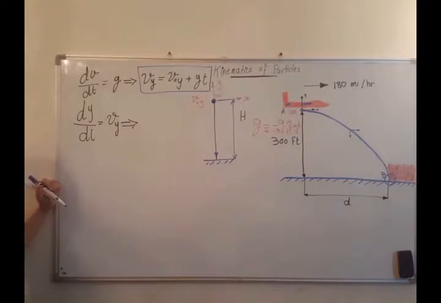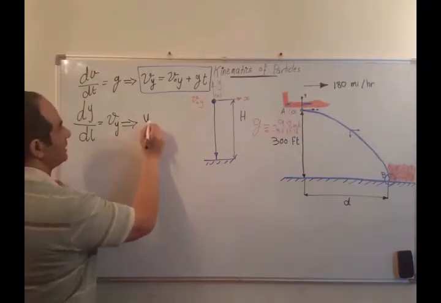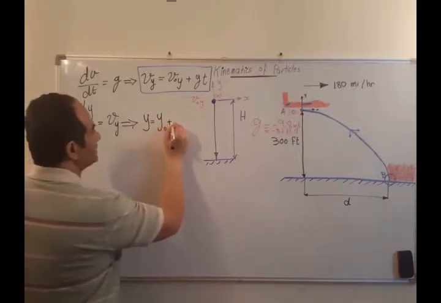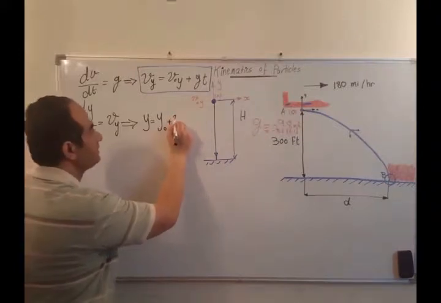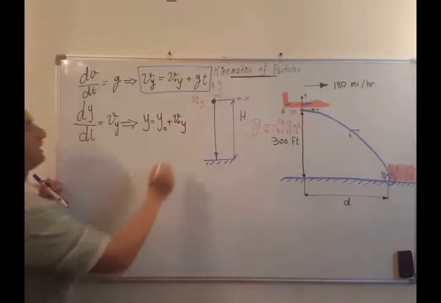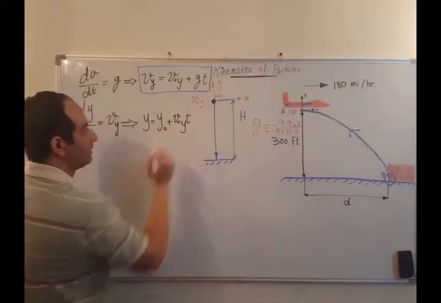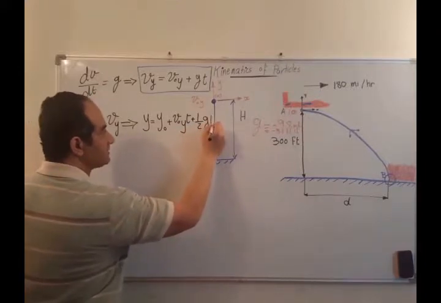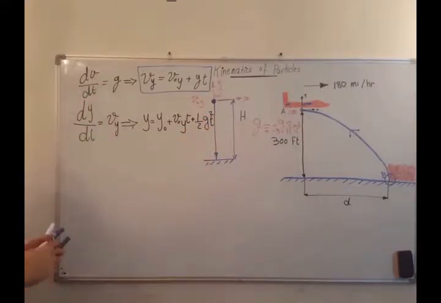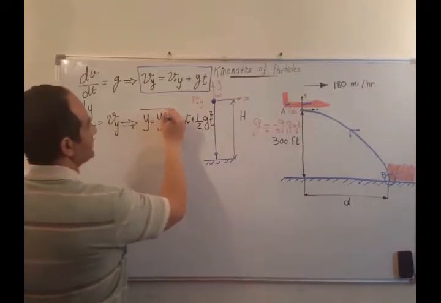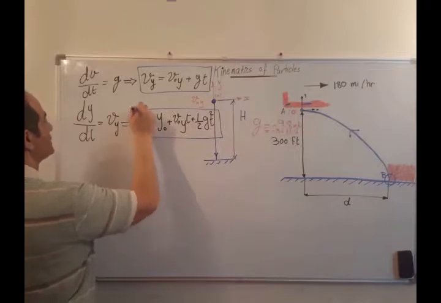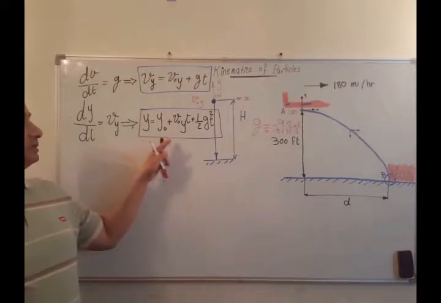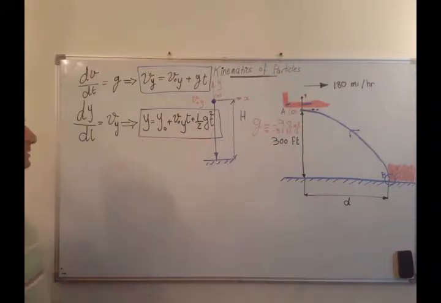Consequently, by integration we can get that y equals y naught, the initial displacement, plus the initial vertical velocity v naught y times t plus half g times t squared. This also is a popular equation that describes the vertical displacement in terms of time t.